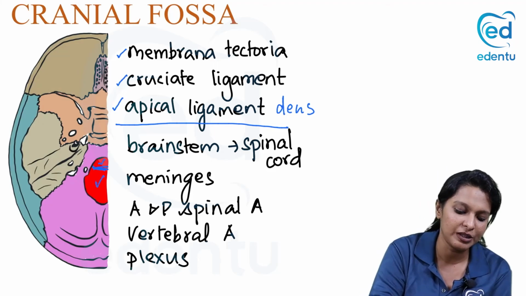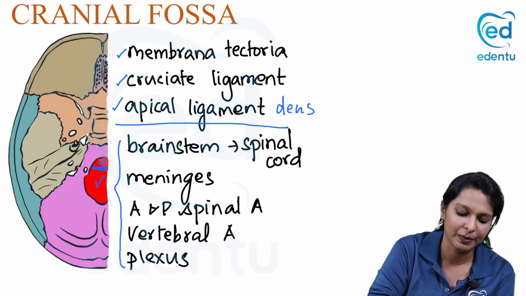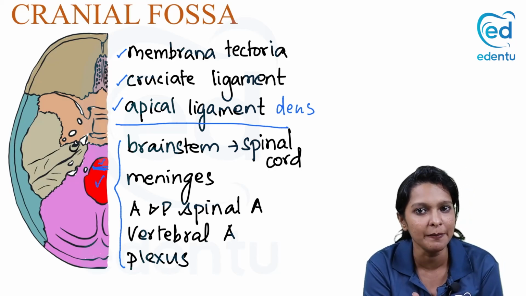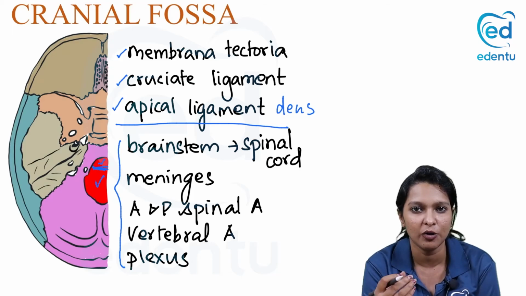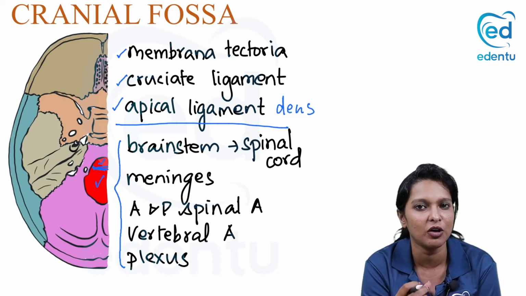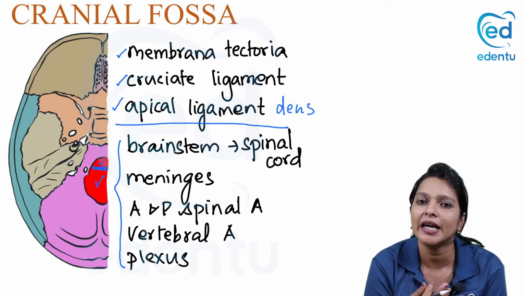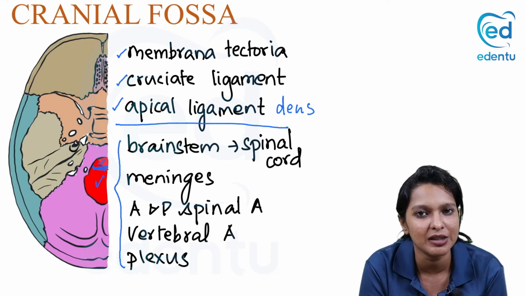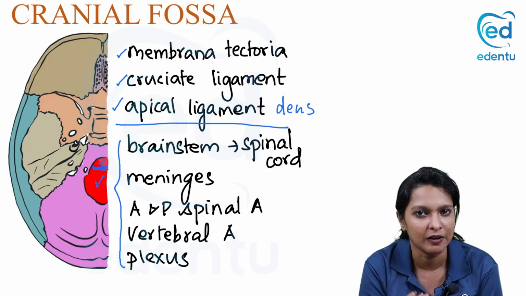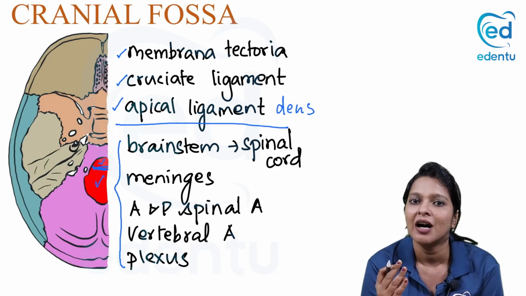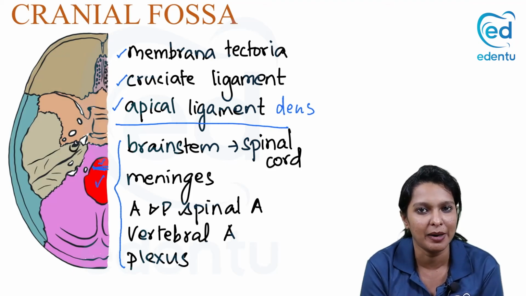Okay, in the posterior aspect, all of these structures pass. What are the structures? We have the brainstem, the medulla oblongata, continuing as the spinal cord. Okay, so the end part of the medulla oblongata passes there, surrounded by three layers of meninges. What are meninges? The covering of the central nervous system. From outer to inner, it is dura mater, arachnoid and pia mater.